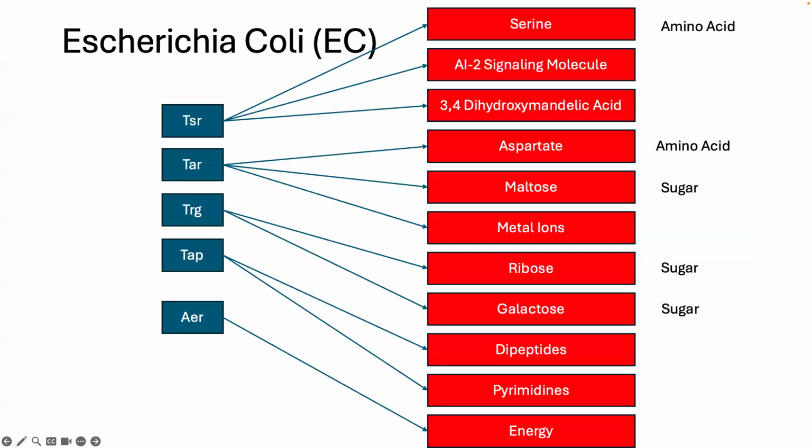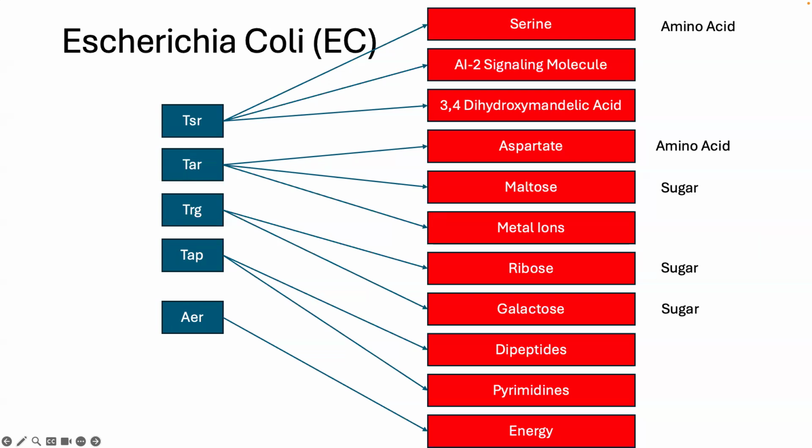So one at a time, I'm going to go through each one of these bacteria. E. coli has five chemoreceptors and it has a handful of effectors. And so I just started to annotate a few in terms of what they are, but that just gives you a little bit of a sense.